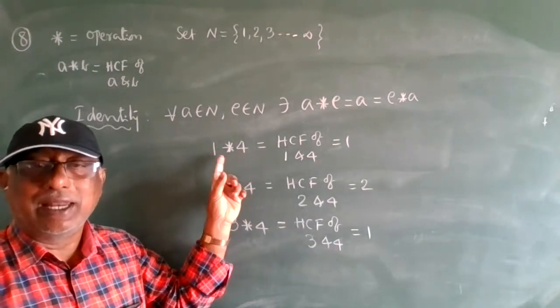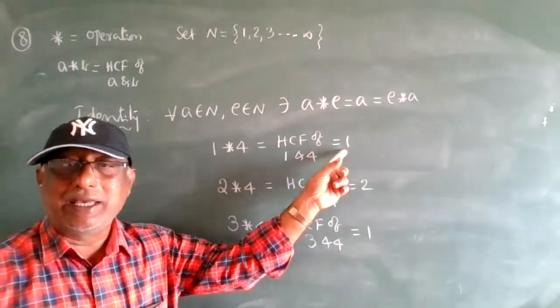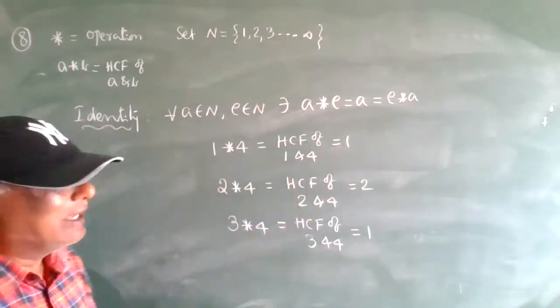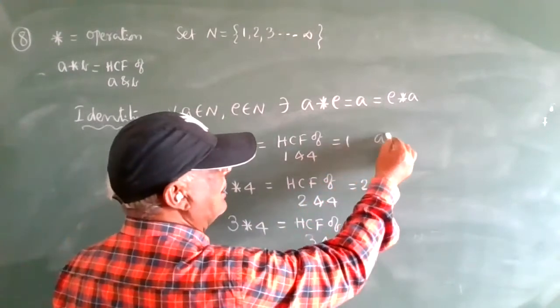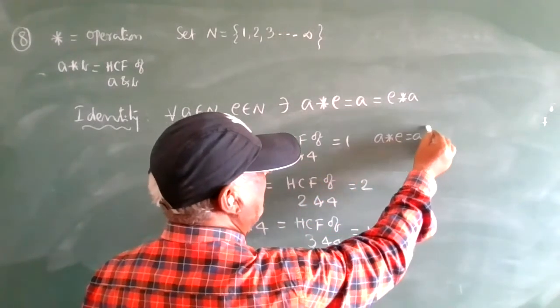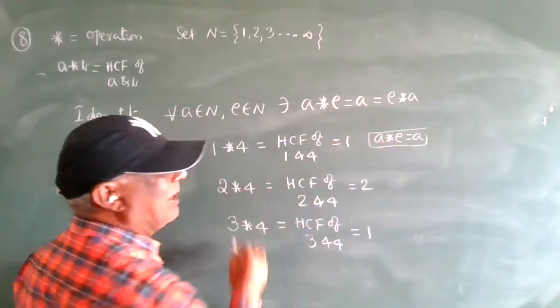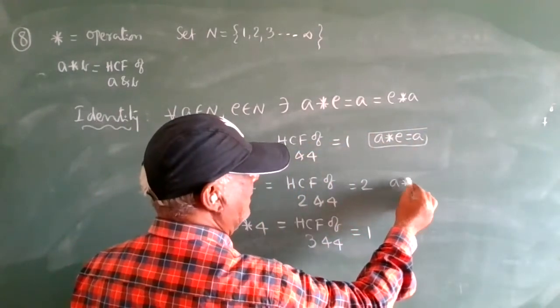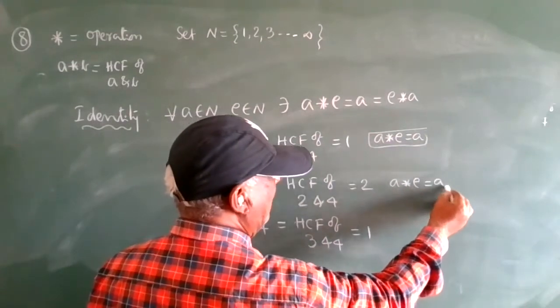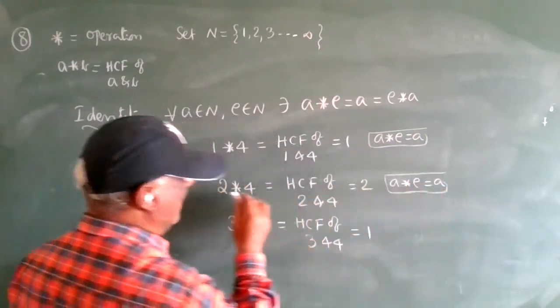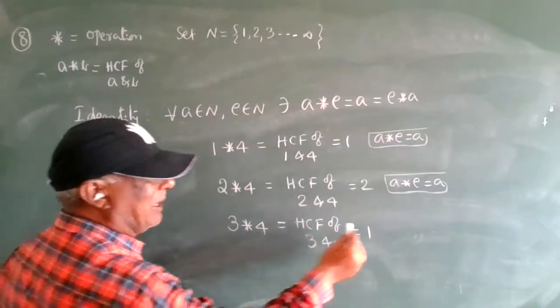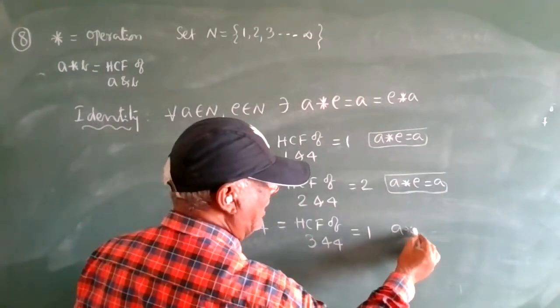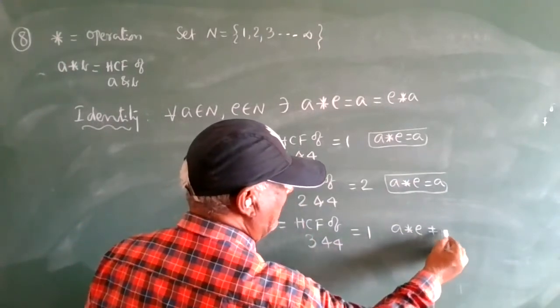Here see 1 star 4. 4 is the identity element. 1, that is A, is getting. So here A star E is equal to A is getting in this one. Here 2 is also getting. But here A star E, A is not getting.